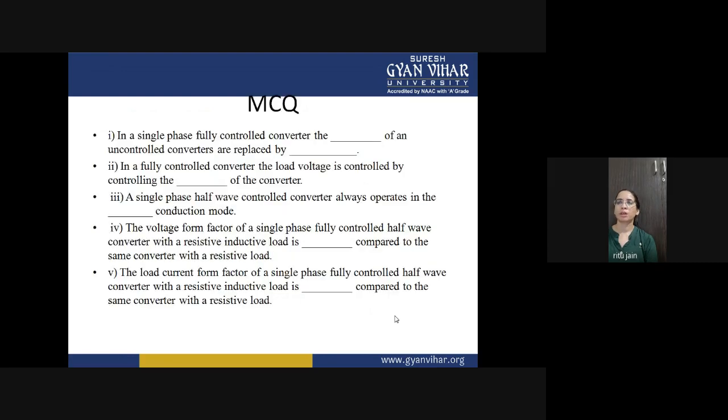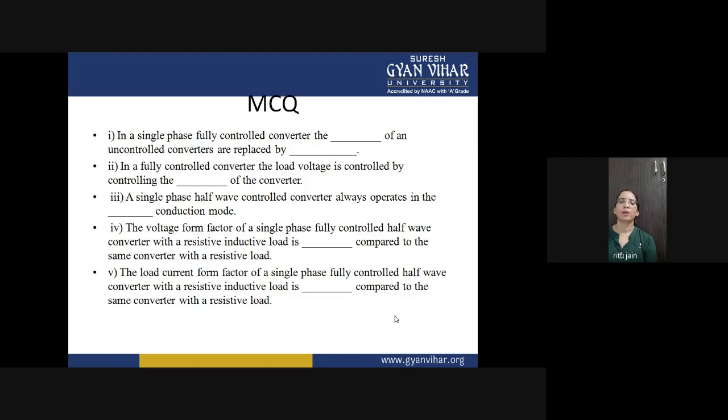Now let's come to the MCQs, which are very basic and depend upon this lecture. So first is, in a single phase fully controlled converter, the diode of an uncontrolled converter is replaced by SCR.